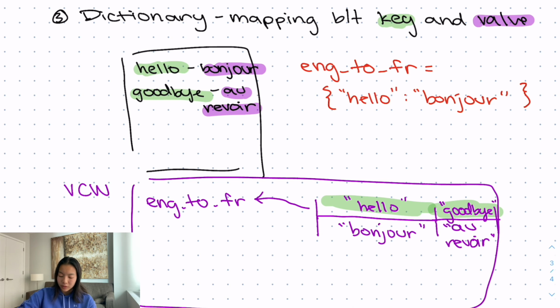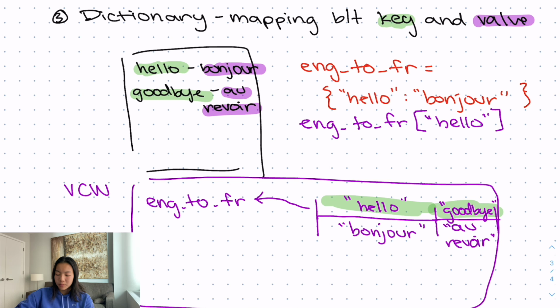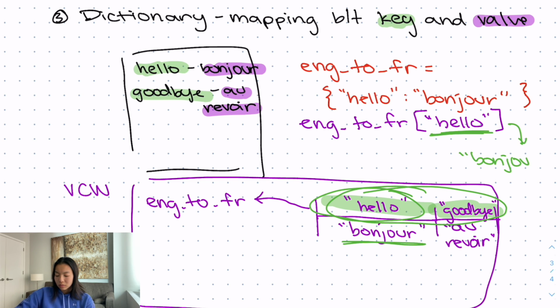So now when we're indexing and when we want to get English to French of hello, what our computer is doing, it's saying, okay, go into the virtual computer world, and is there a key labeled with the thing inside the brackets? Is there a key with hello? Yes, there is. So now return that value, right? So this here would give us bonjour.